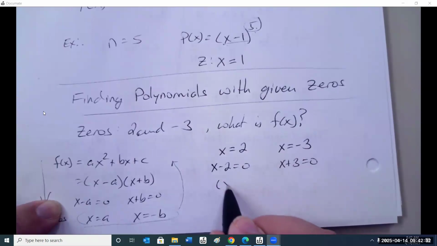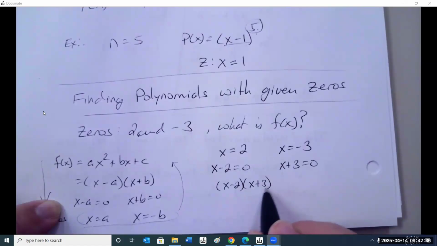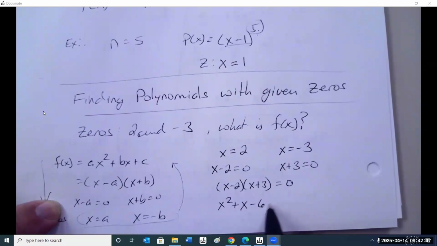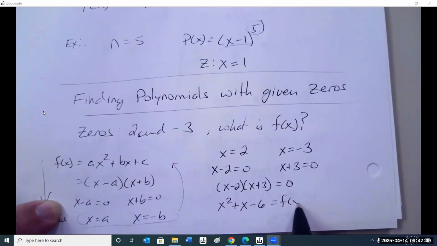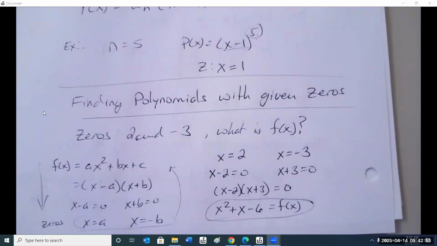Well, if I multiply them together, they still equal 0. Now when I multiply them together, then I get my function. So that's what we have to do. We have to work backwards.